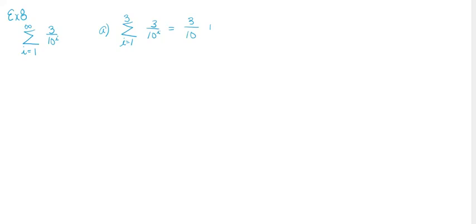Sorry. So 3 over 10 to the 1 plus 3 over 10 to the 2 plus 3 over 10 to the 3. And when I solve that, that's the same thing as saying 3/10 plus 3 over 100 plus 3 over 1,000.